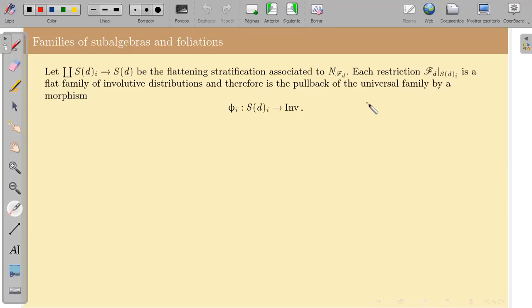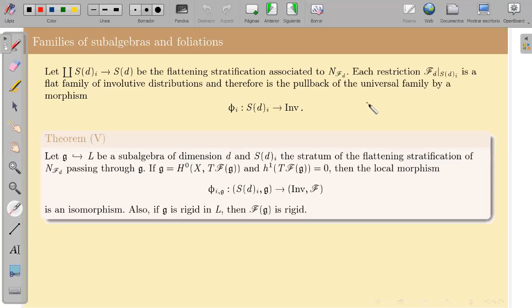So our answer today will be the following theorem. If we happen to be standing at a point such that the Lie algebra is exactly the space of global sections of the tangent sheaf of its associated foliation, a priori this should be an inclusion, and also this tangent sheaf has first cohomology group 0, then what we have said holds.